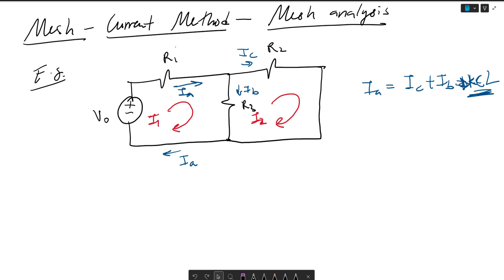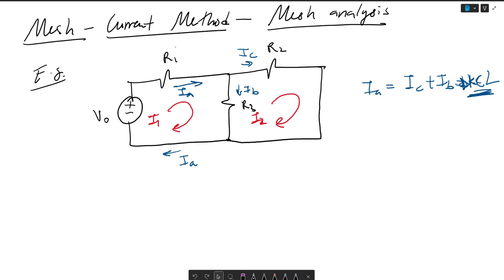So just to reiterate, a mesh current can be thought of as the current flowing through the branches of that mesh, with no regard for the current in neighboring meshes. This does not mean that the current is the same as the actual current flowing through the elements of that mesh.